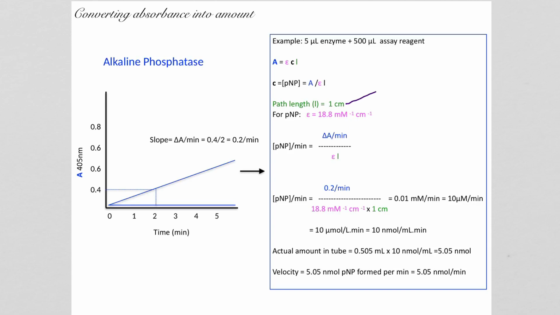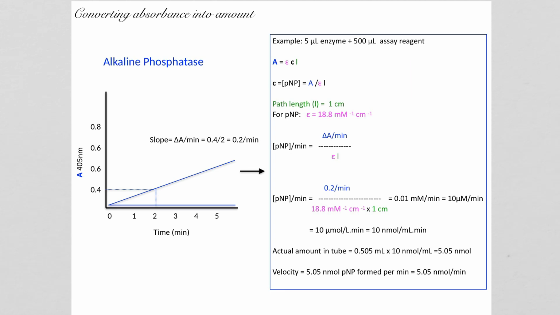This L is basically the distance the light travels in the tube, and this distance is usually 1 centimeter for most of these tubes that are called cuvettes.